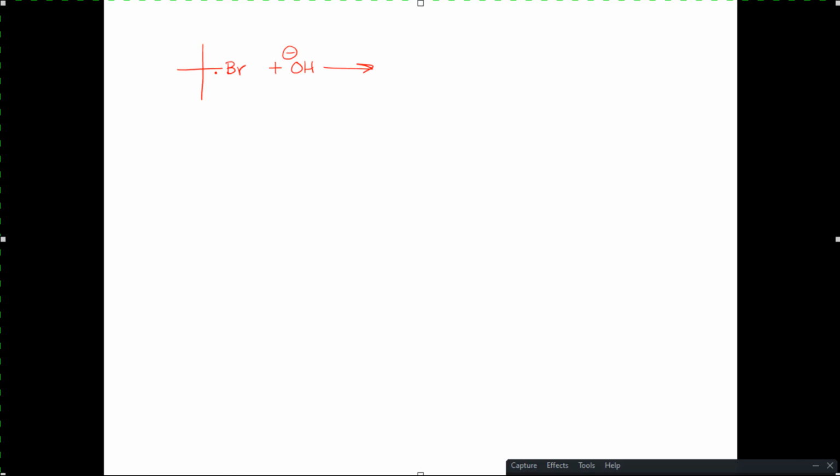So in the first step of the mechanism, I'm going to break the carbon-bromine bond and give that pair of electrons to the bromine. Okay, so that means I'm going to have my tertiary butyl group. I'm breaking the carbon-bromine bond, so that means in the transition state it's going to have a dotted line. And we'll come back to that transition state here in a moment.